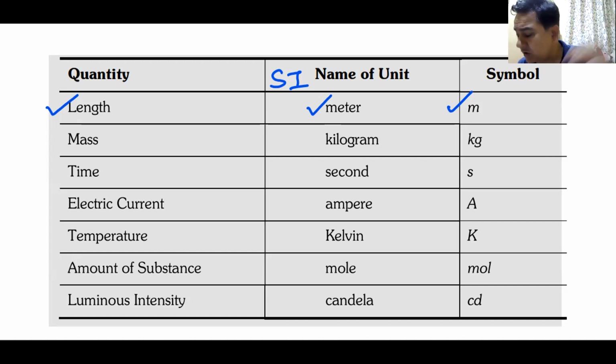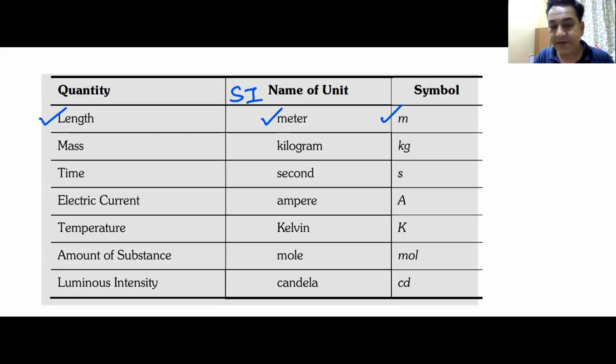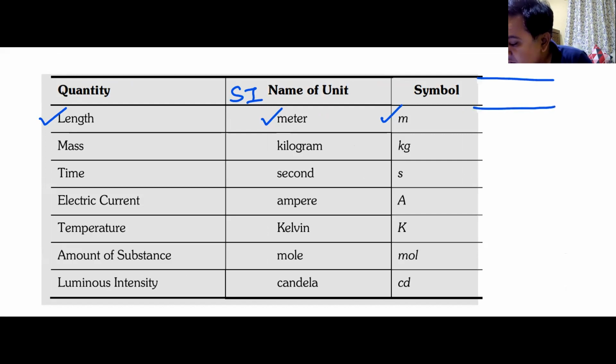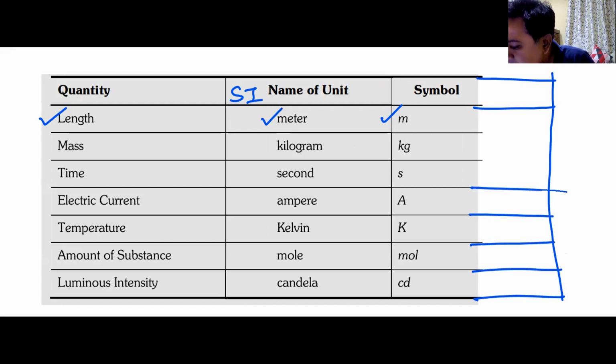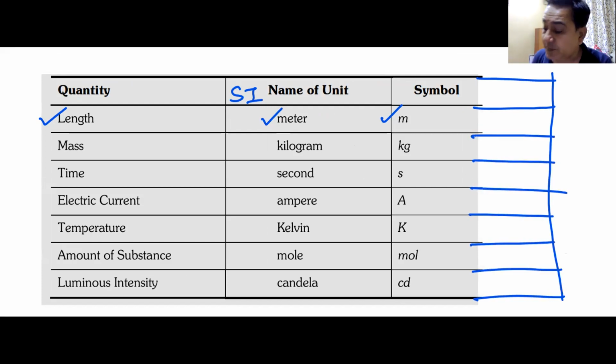So make 4 columns, and I'm going to also create a space over here to make one more column. The name of that column I will tell you in 2 or 3 minutes. Okay, so the first physical quantity is length, SI unit is meter, and symbol is small m.